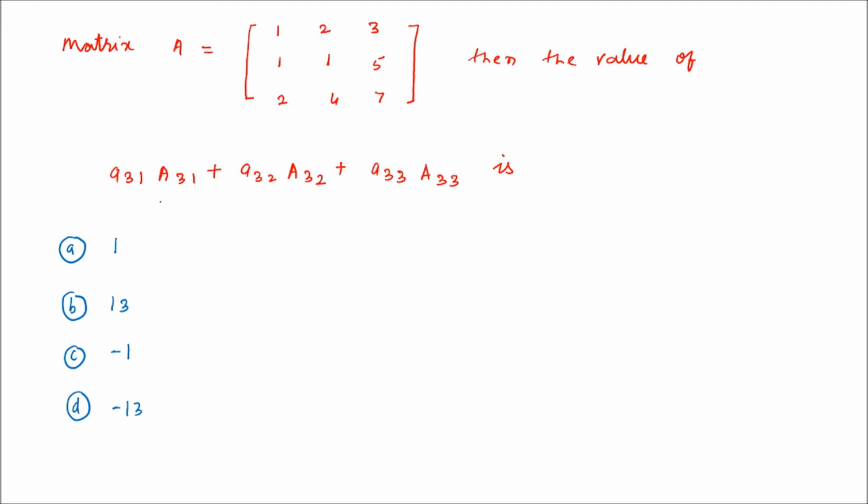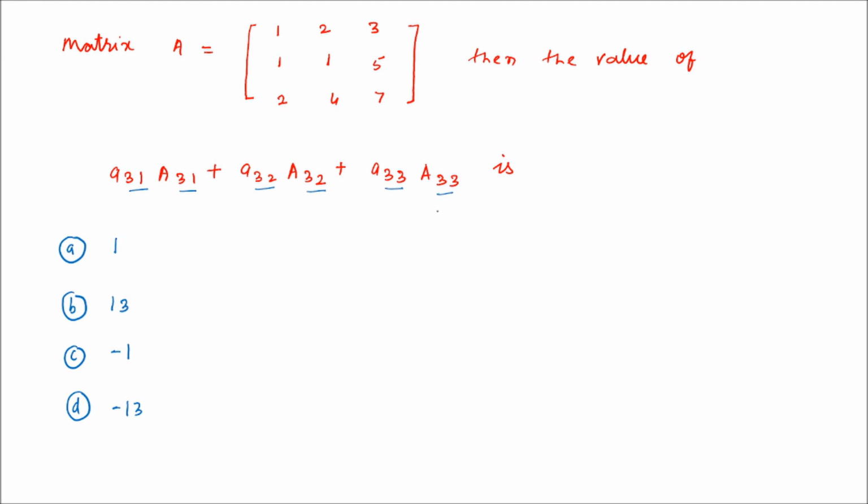That is the value of the determinant by expanding. If we expand along any row or column, the value will be the same. Either you can expand along the second row, the value will be the same.